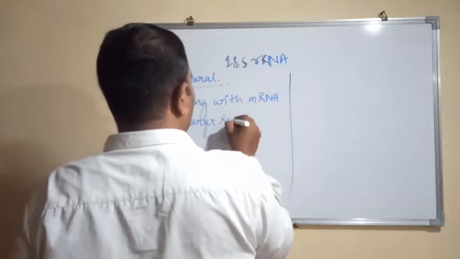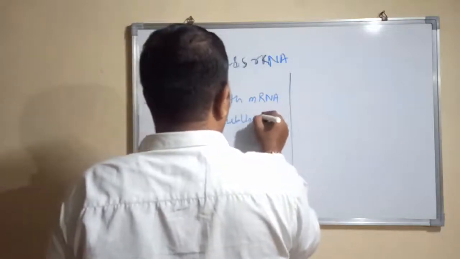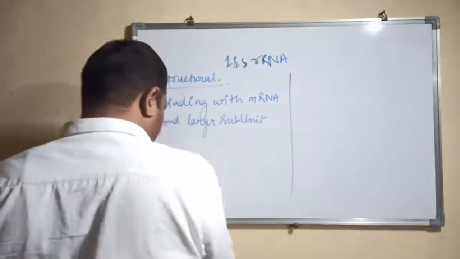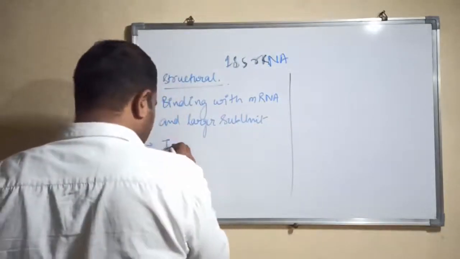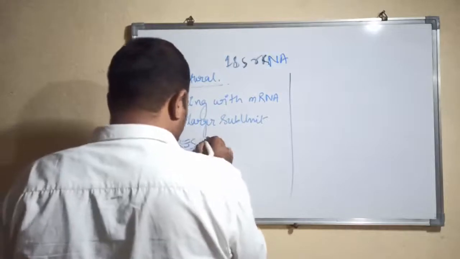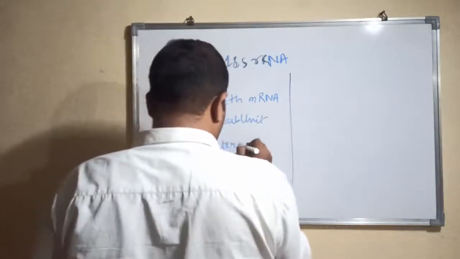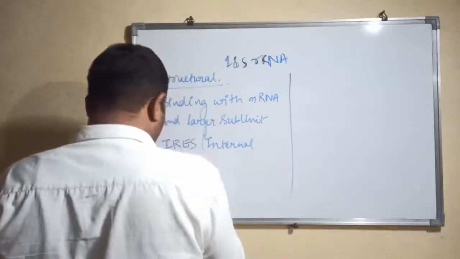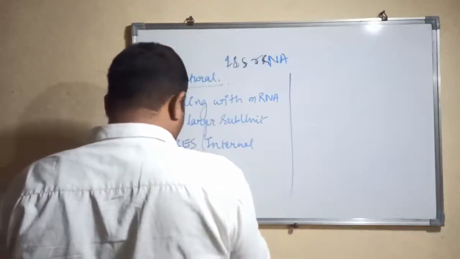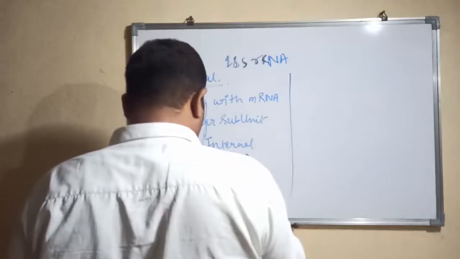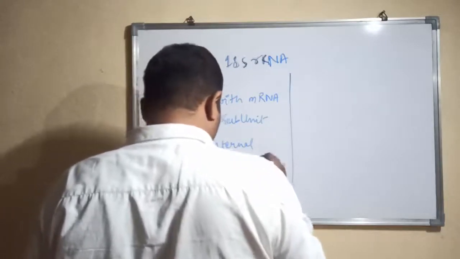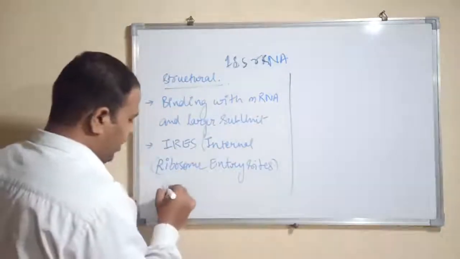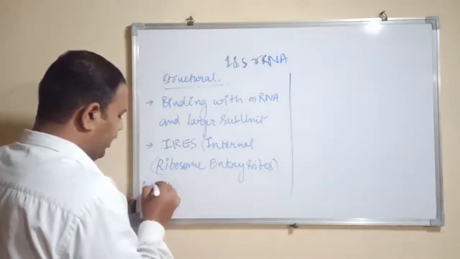Then it also has a different site, that is IRES. This IRES is the internal ribosome entry site that is present upstream of the anti-Kozak sequence.